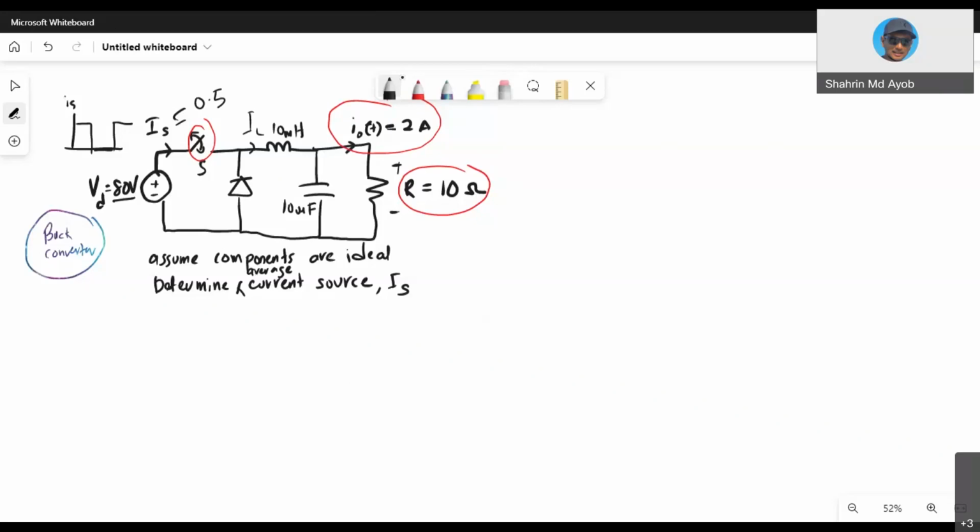IS is equal to IL when the switch is on, right? When the switch is on, the diode is off. Meaning that IS is equal to, during only the on state, D multiplied with IL.